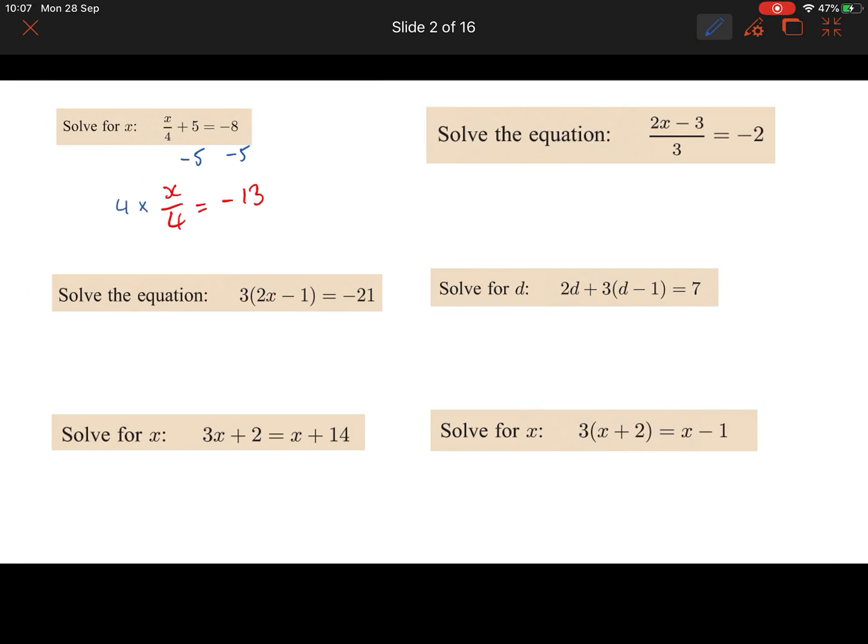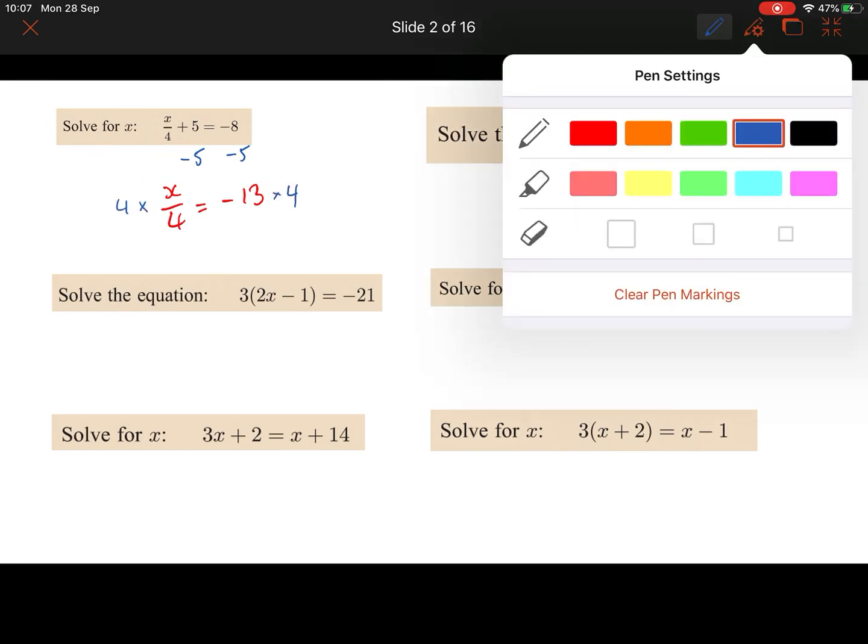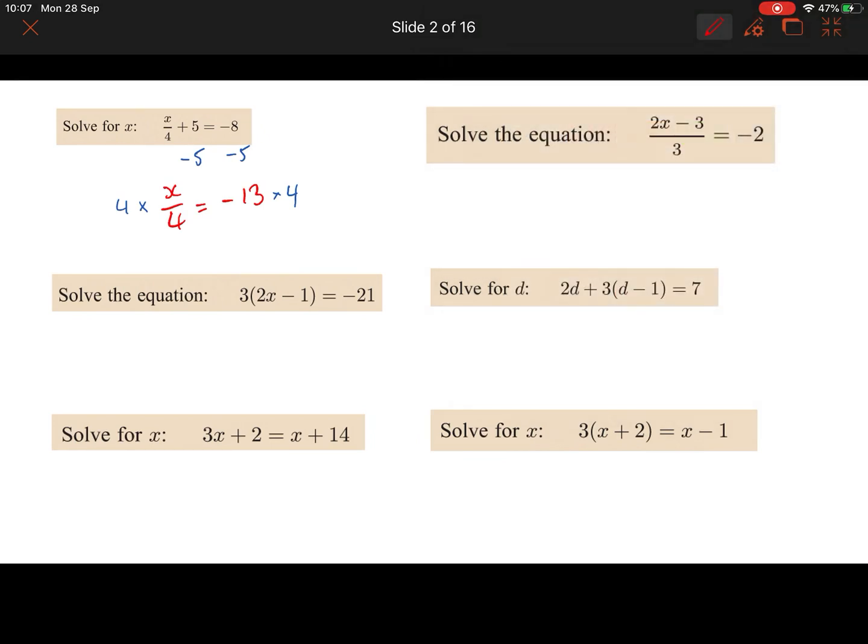And now what we're going to have to do is multiply both sides of the equation by 4, because x is divided by 4, so if I times by 4, it will get rid of it. And so I'm going to end up with x is equal to minus 13 times 4, which is negative 52. So x should be negative 52.